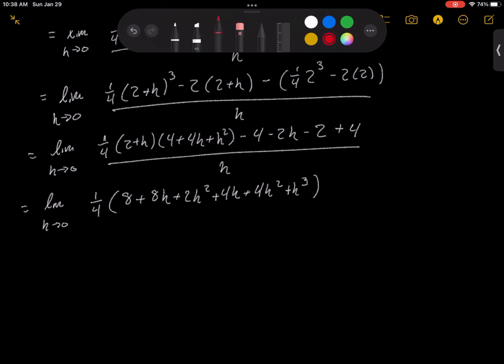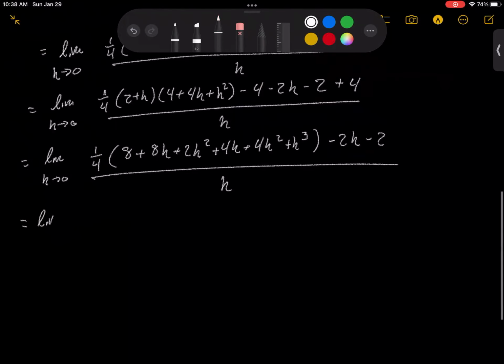Now we can go ahead and cancel as we go. We got this minus 4, we got the plus 4. So what do we have left? We have a minus 2h and a minus 2. All right, limit as h goes to 0, 1/4. In fact, let's go ahead and bring that 1/4 through.